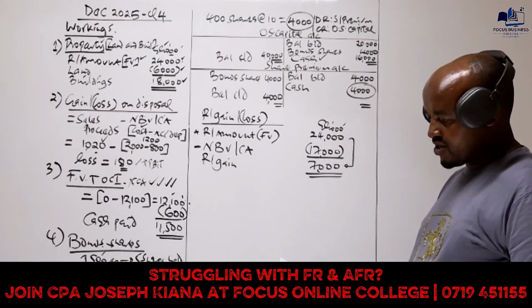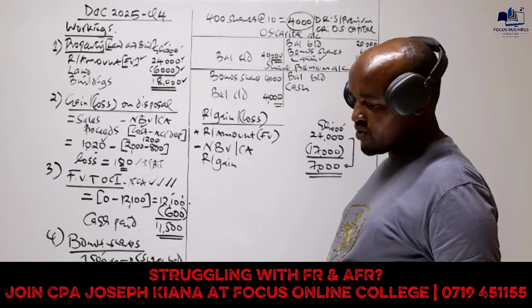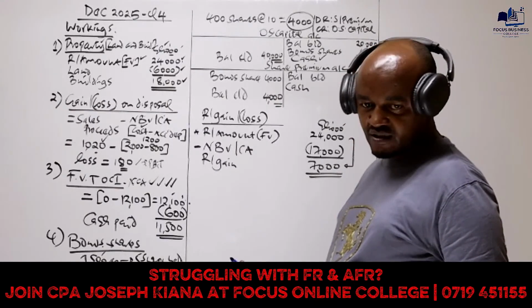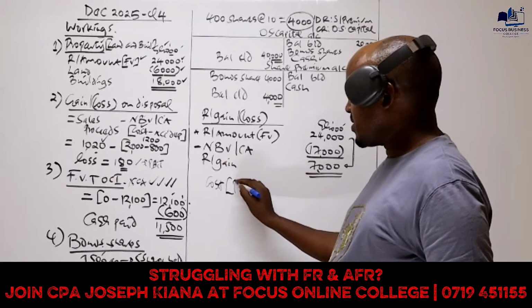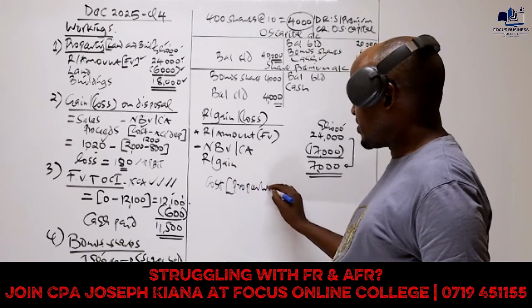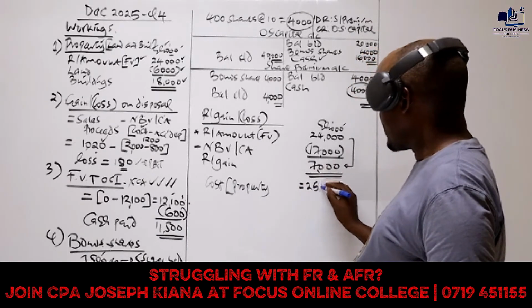But if you go back to that question, to point number 2, we are given the cost of this property, the cost of the property at the date of revaluation. And actually the cost here, we are told it was 25.